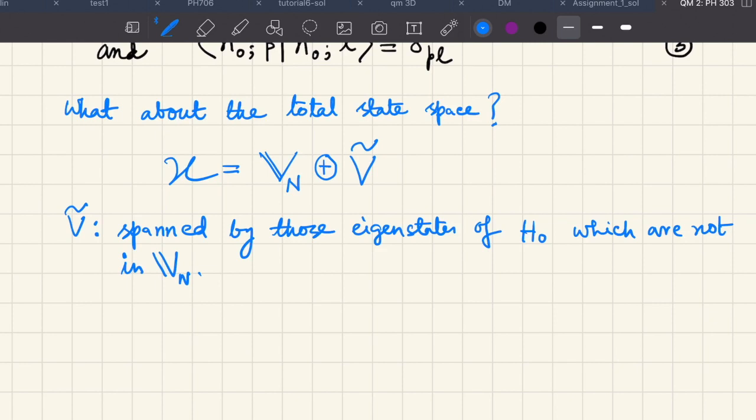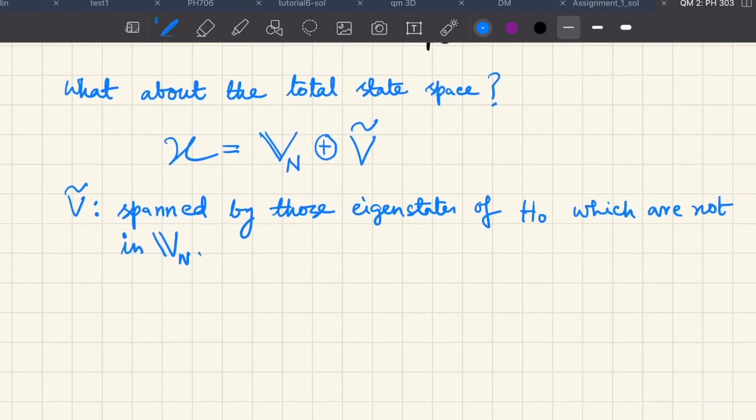It is a direct sum. Of course, I am not going into the mathematical definition of a direct sum. We can discuss it later in the discussion part of these lectures. What is important is the fact that these Vn and V tilde are linearly independent subspaces.